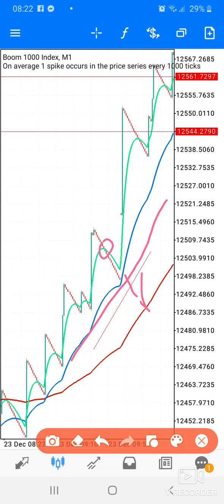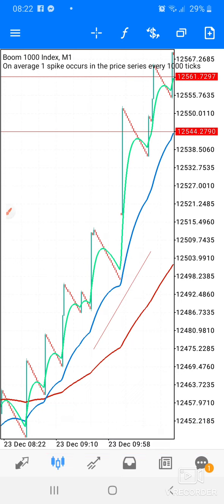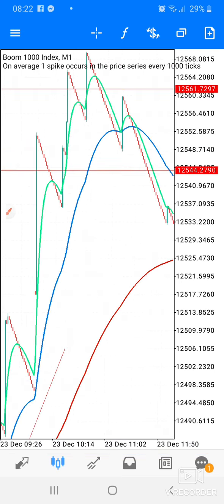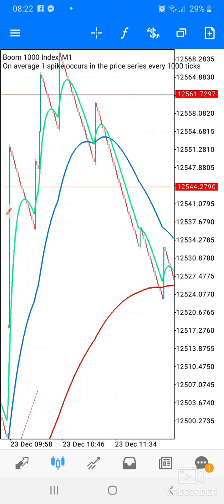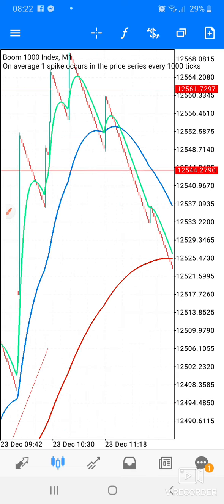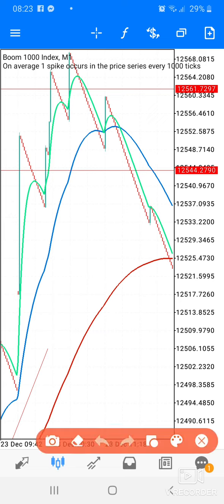But as long as the price is above the 50 exponential, you wait, because you know that there are going to be more spikes. Here you're going to exit. Probably here you're enjoying this trend up to this point, so you're going to exit. Maybe you entered here expecting more spikes and there was nothing, so you're going to exit somewhere here, because now you can see that the market is going down.